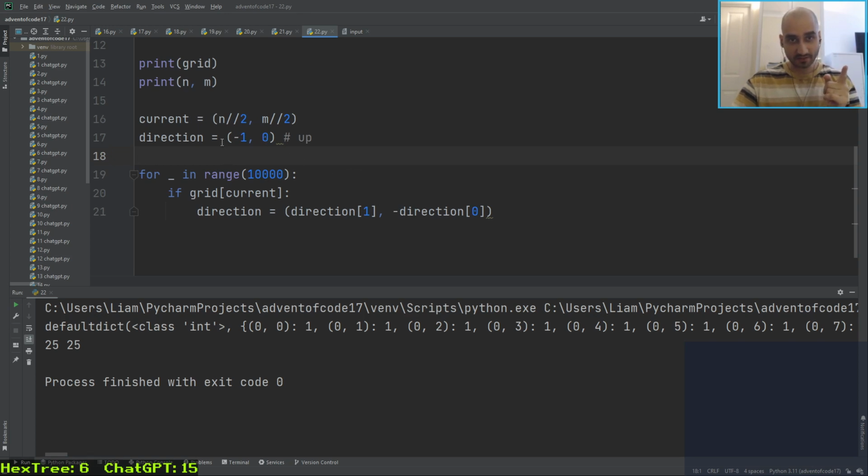Okay, does this work? I gotta write this out. I'm up. If I take direction 1, direction 0, I end up at 0, 1. That's right. Now if I do this again, I end up with 1, 0. That's down. And then finally, it will be 0, minus 1, left. And then from left, yeah, that works.